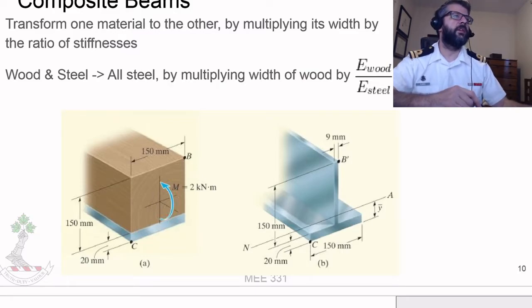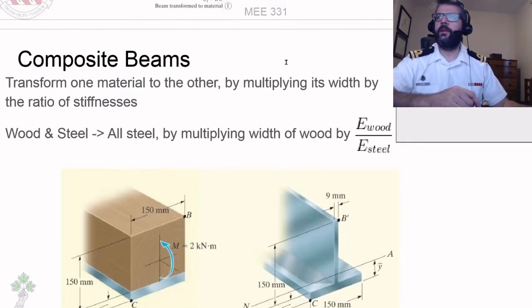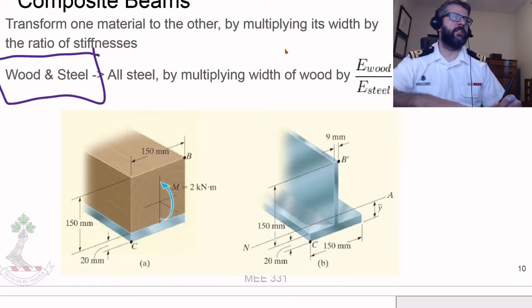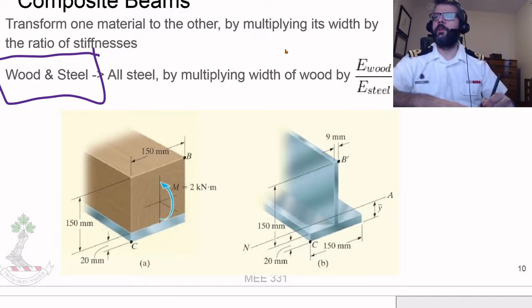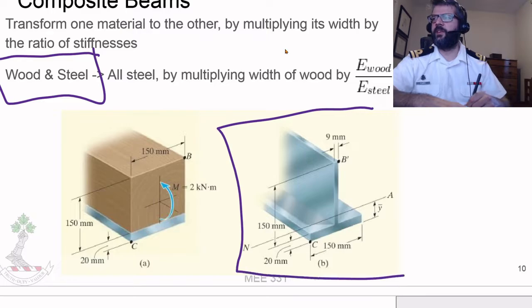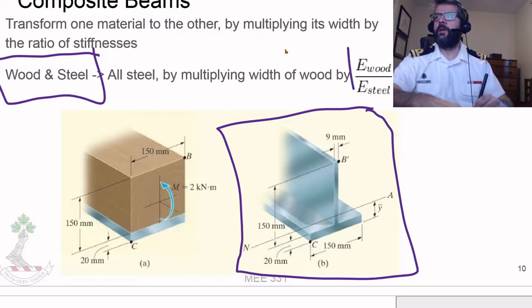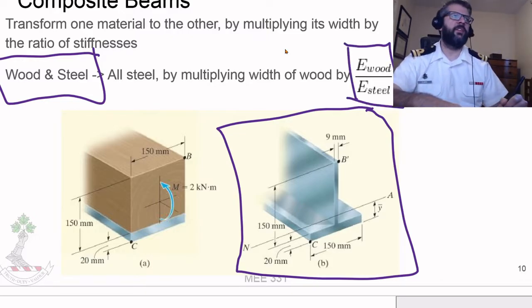Here's another way of looking at it. If we have wood and steel and we want to transform this into all steel, we do that by essentially making a steel T-bar, multiplying the width of the wood by the ratio of the stiffness of the wood divided by the stiffness of the steel.